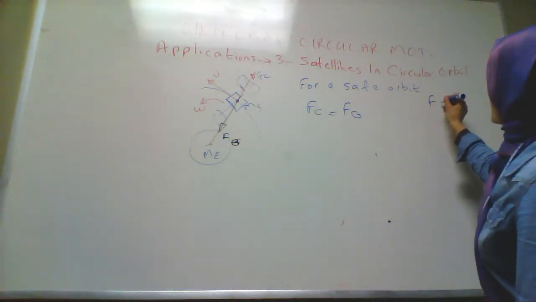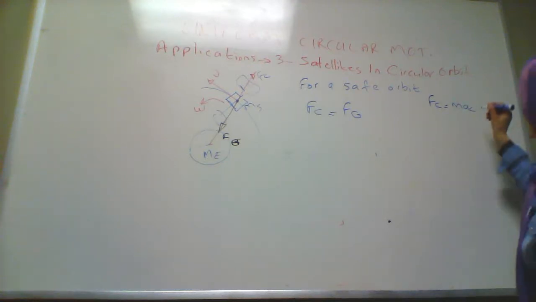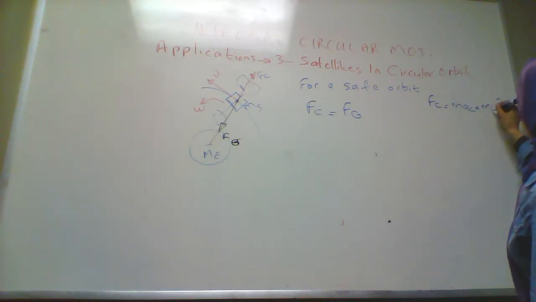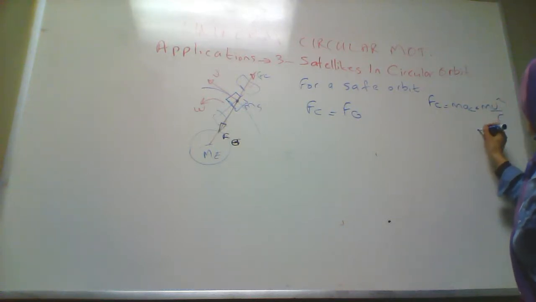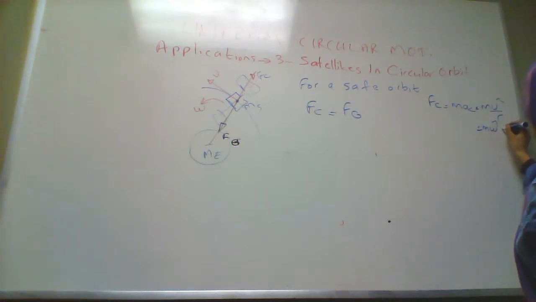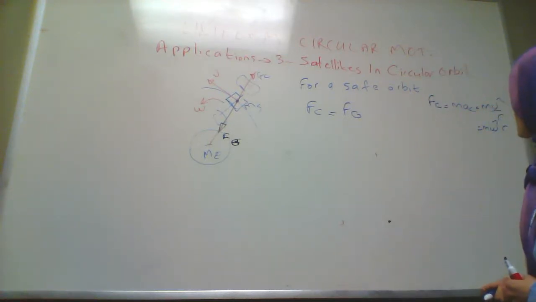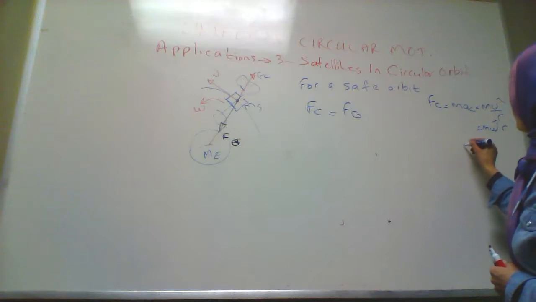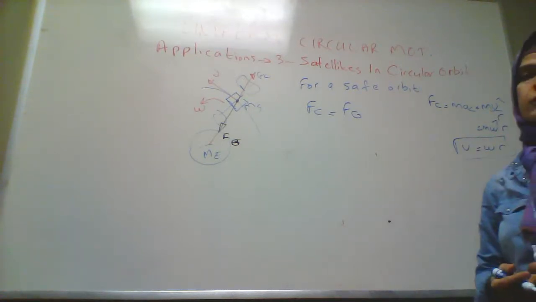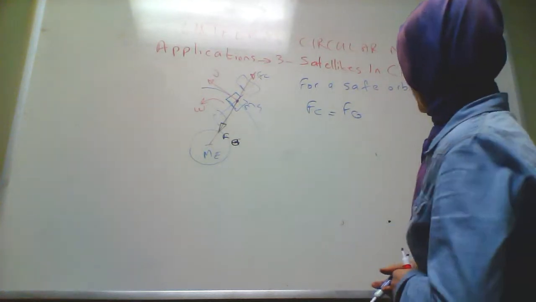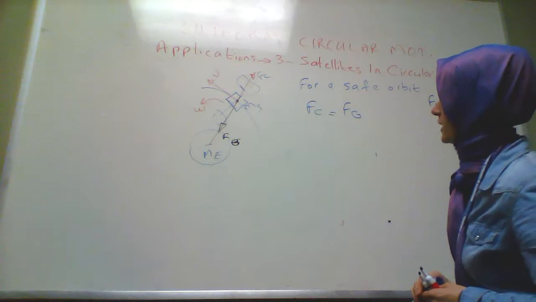We learned that centripetal force is equal to m times a_c, centripetal acceleration, which is also mv squared over r, because a_c is equal to v squared over r. It is also equal to m omega squared times r. We can also use this, since sometimes it's easier to solve some questions because we know v is equal to omega times r. These are all things we talked about in the first lecture about circular motion. If you're not sure what I'm talking about here, go back and watch that lecture.